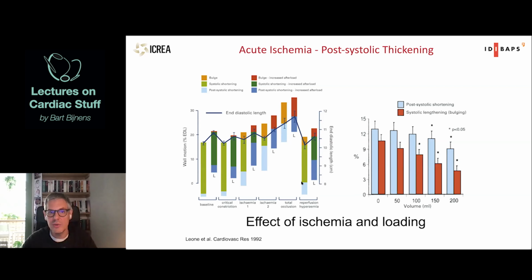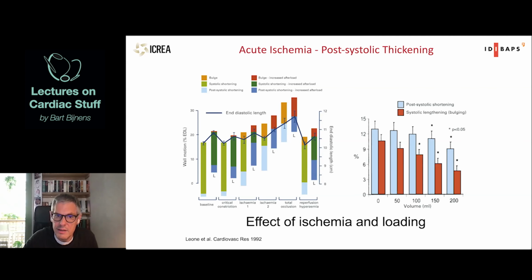Now, if you start to induce ischemia and more ischemia, as we said before, we get a little bit of bulging, decrease in systolic deformation, and post-systolic deformation that is exaggerated if we increase the loading. And it's even so that if we have quite a critical stenosis, because of loading, it could be that we only have bulging and post-systolic and no contraction or no systolic component whatsoever anymore.